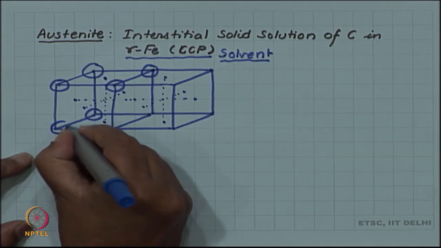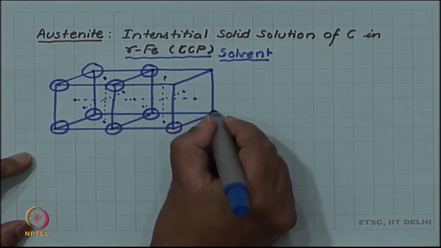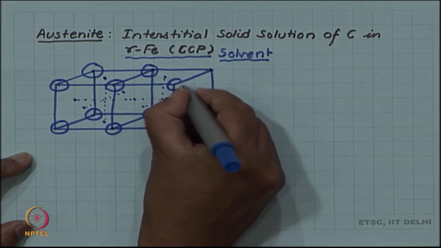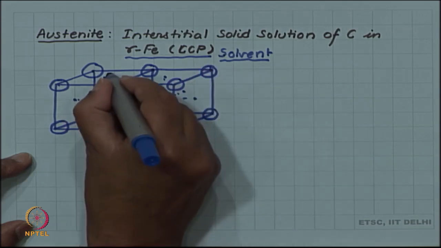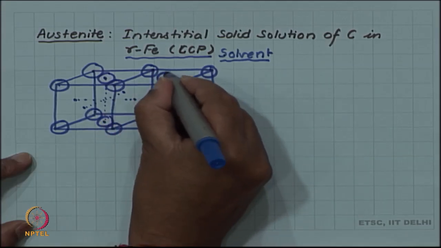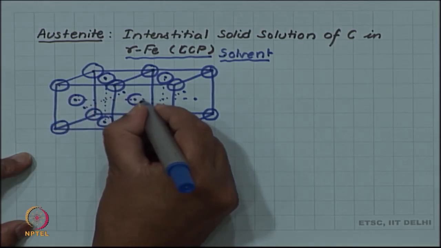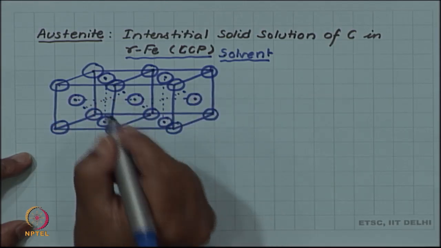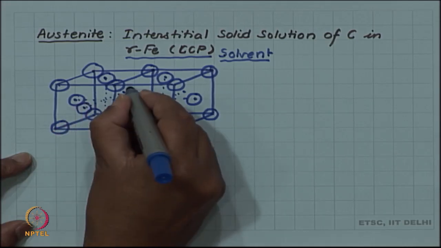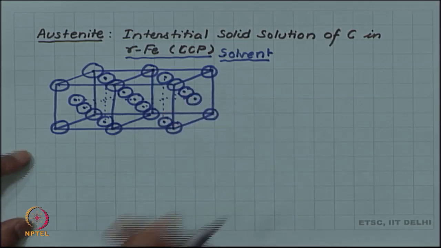They sit on the corners, they also sit on face centers. So, front and back of the first unit cell, back of the second unit cell.